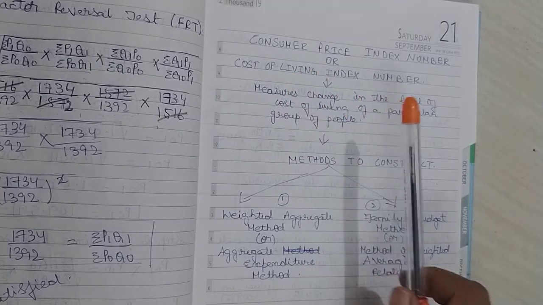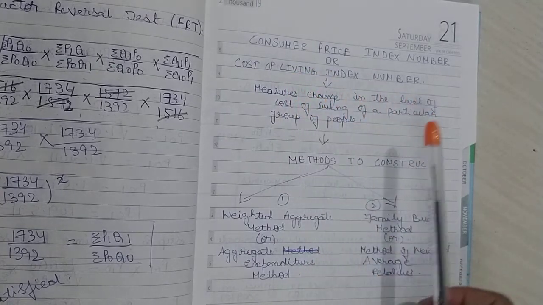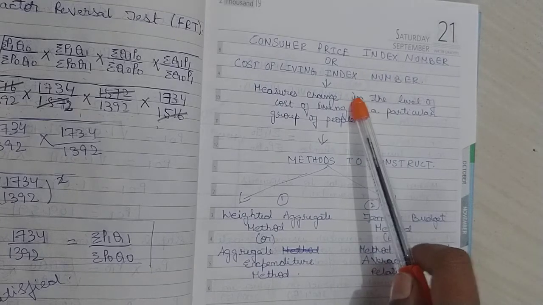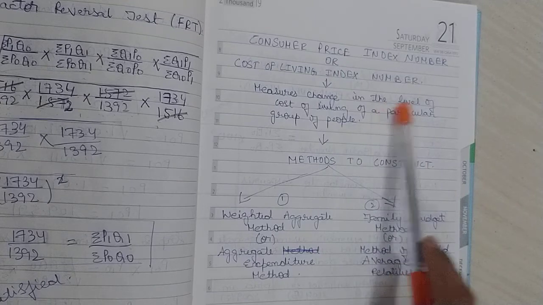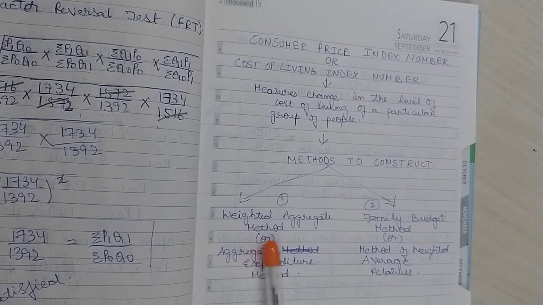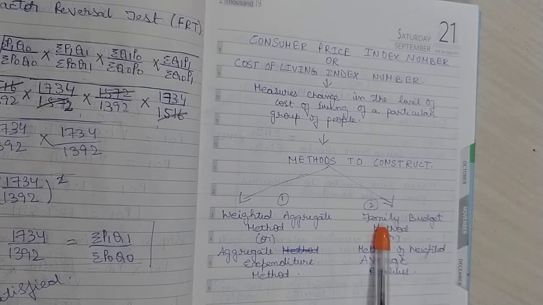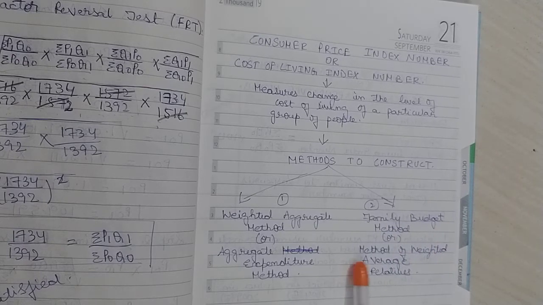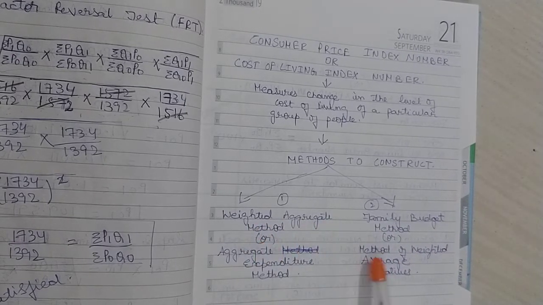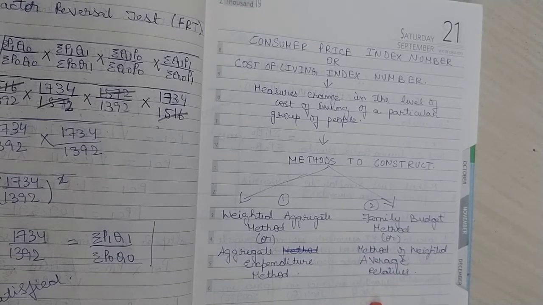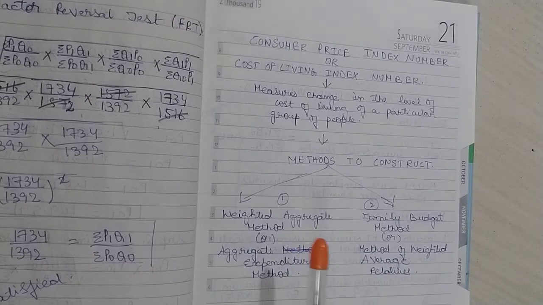You will find them in the theory part which I have shared. Basically, these two are the important names. Method 1 is the weighted aggregate method and method 2 is the family budget method or method of weighted average relatives. So we shall start with the first method now.